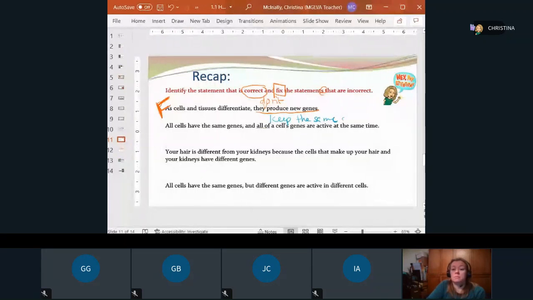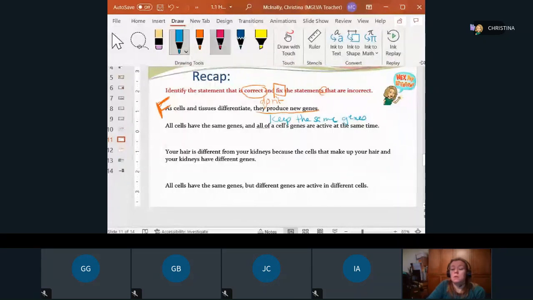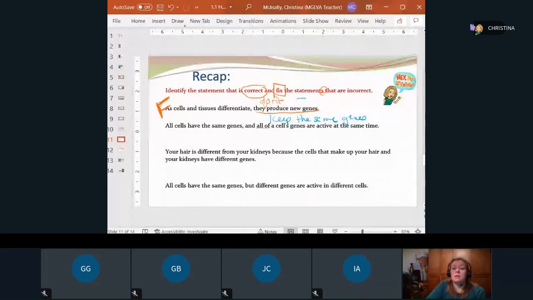Or, because we like options, not new genes, right? That's right. So they don't produce new. You could say they express different genes. How about that? Any of those would make that statement correct. That's right. So good job on the first one.